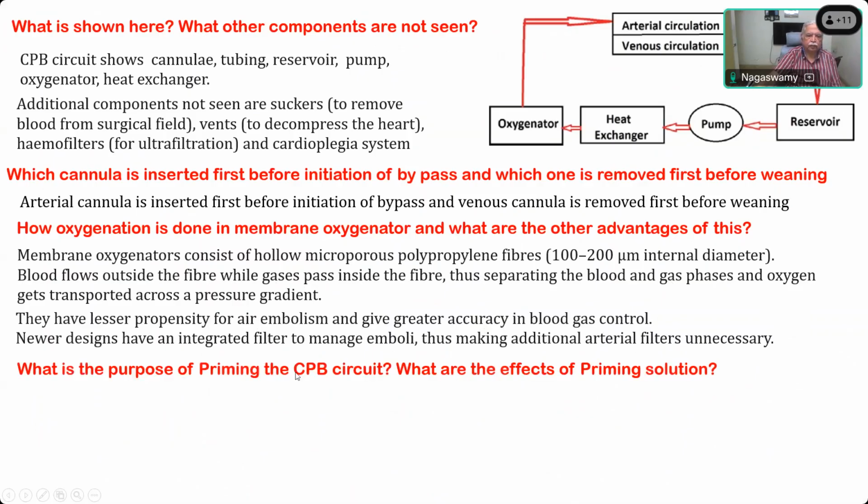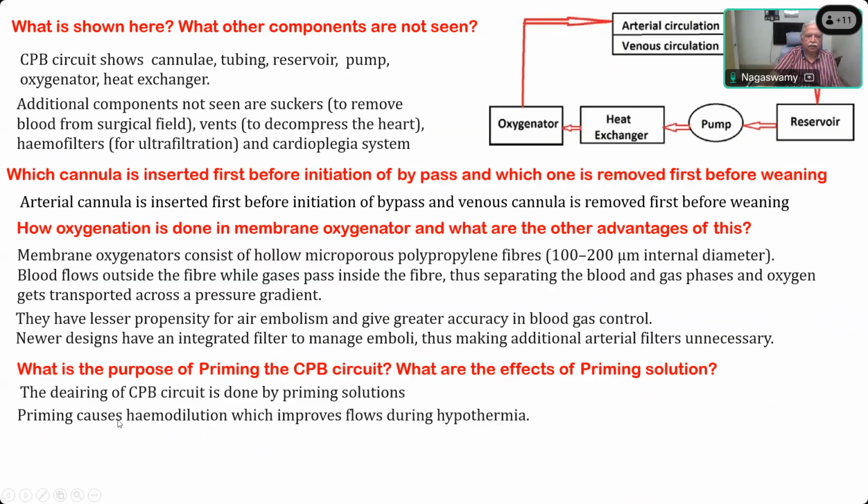What is the purpose of priming the CPB circuit? What are the effects of priming solution? Prevents any air embolism. It's called de-airing of CPB, and it causes hemodilution, which improves flow during hypothermia.